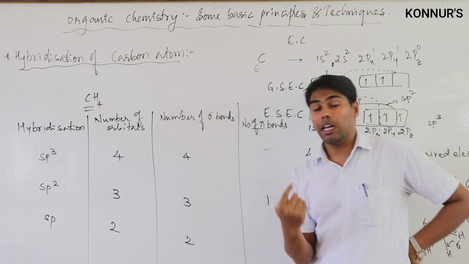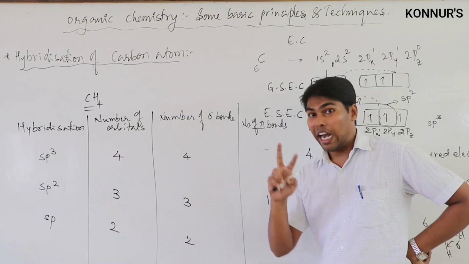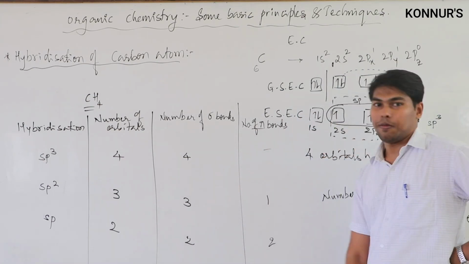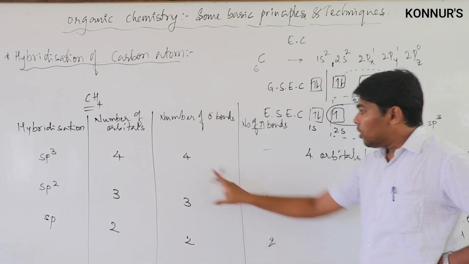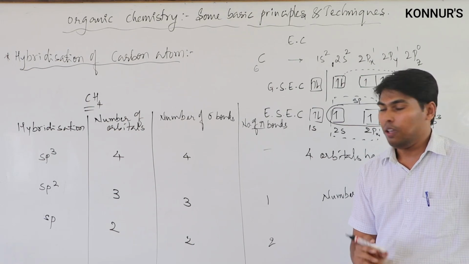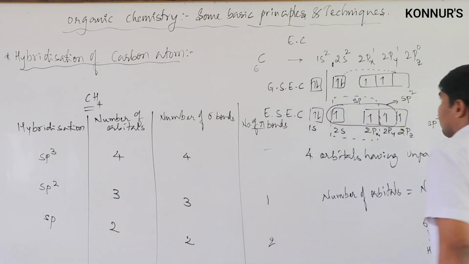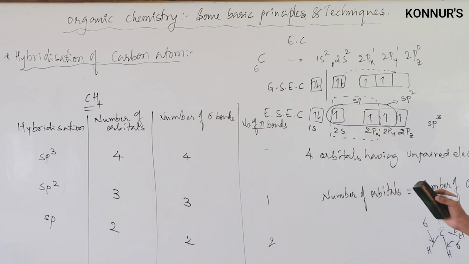So of 4 bonds, if 2 of them are sigma, the other 2 are pi bonds. Including these 2, it should be 4 because carbon has a valency of 4. I hope you have taken this information.